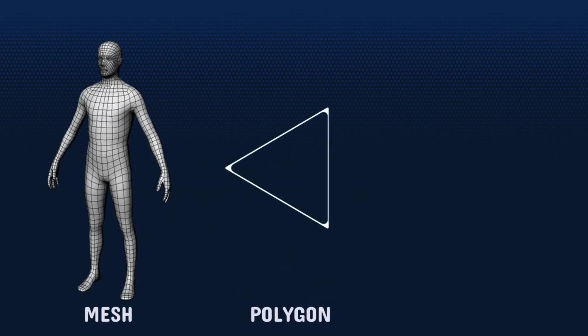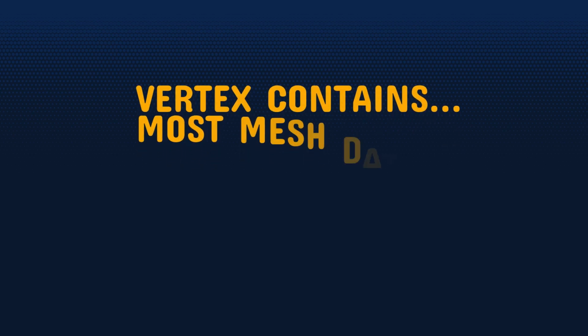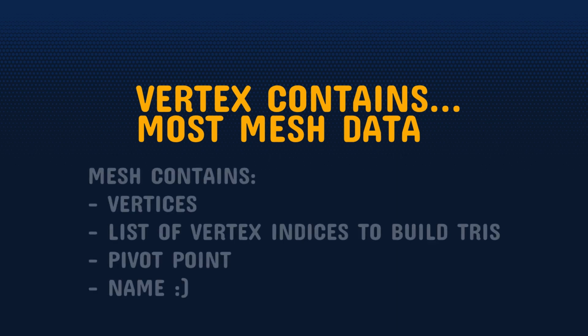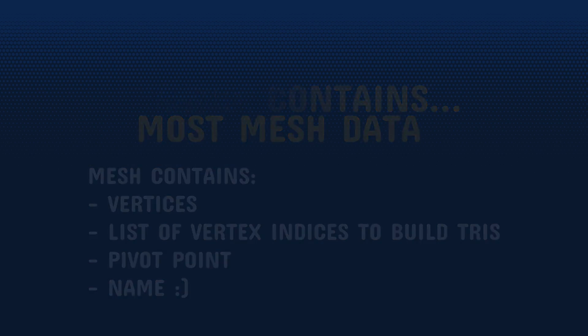Each polygon is defined by several points, that is, vertices. Each vertex is, well, the actual container of most mesh data. Position, normal, UV, it is all stored in here. In fact, other than the vertices, mesh only contains a pivot point and a list of vertex indices to form triangles. I hope that was confusing enough, so we can continue.